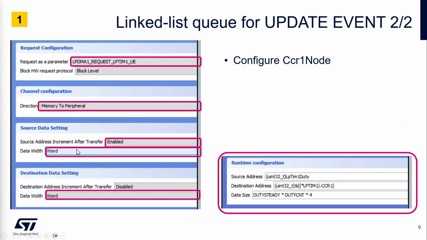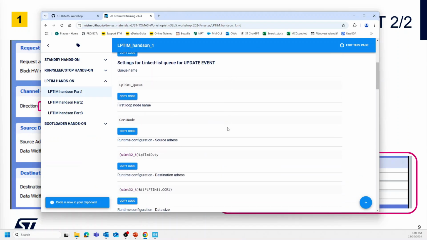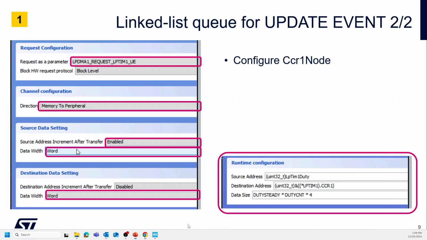There is no destination increment necessary. Then we will configure source and destination address and number of transfers. The easiest way is to use this cheat sheet, where everything is prepared for us.